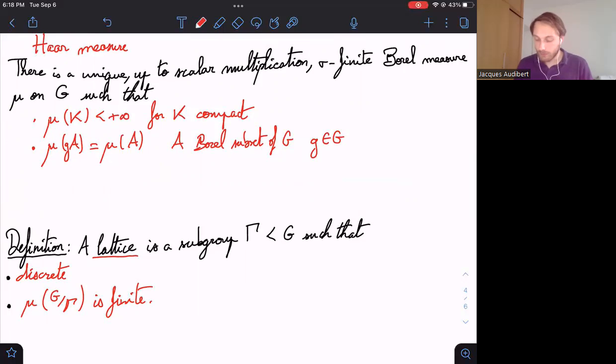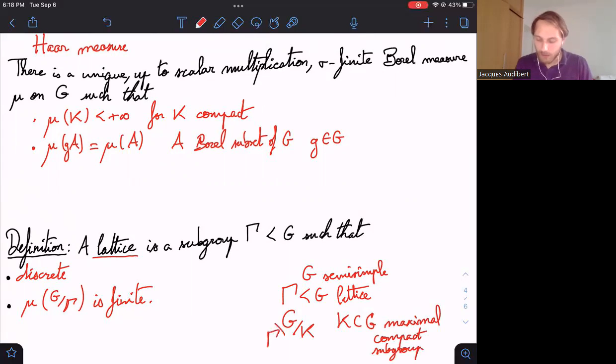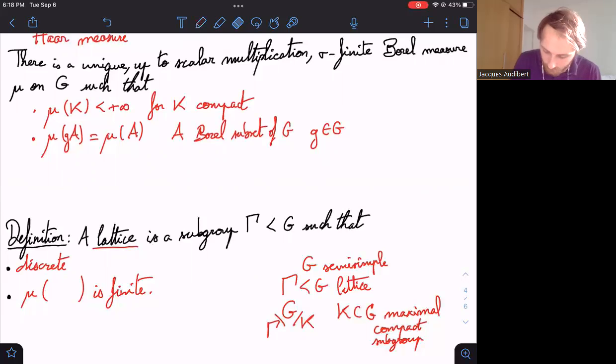Okay, so this is pretty general. If I take G semi-simple and Γ a lattice, I can look at something called G mod K, where K in G is a maximal compact subgroup, and then I can quotient by Γ.